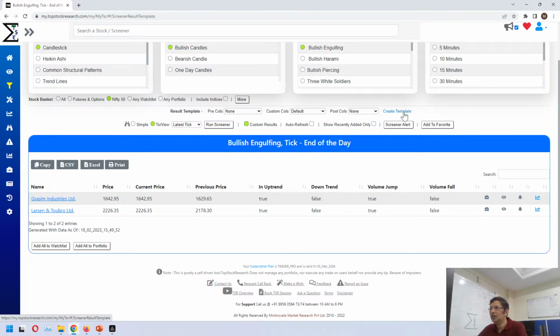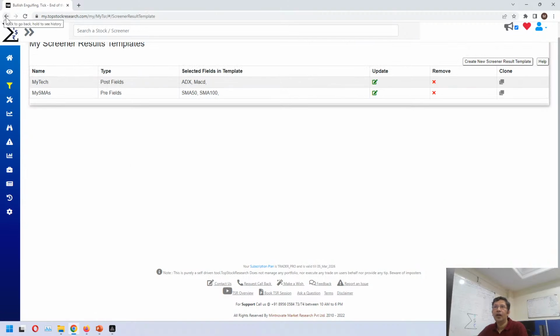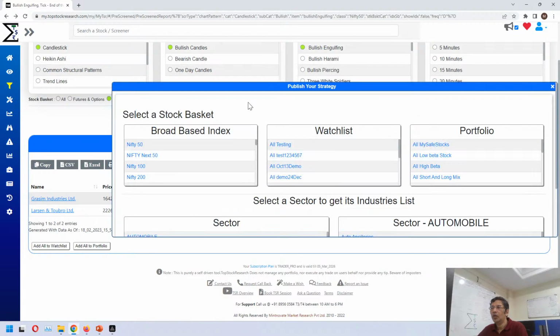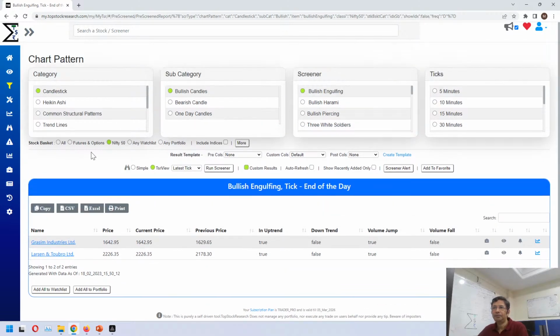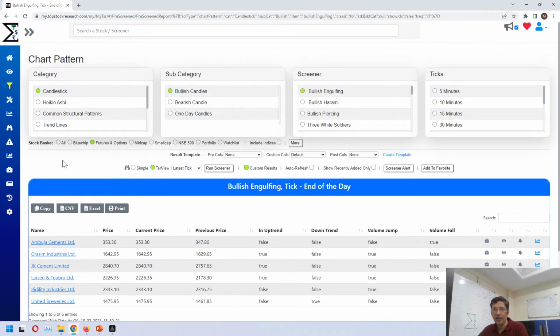What you can do is look for Nifty 100, Nifty 200, right? Similarly, Nifty 500. By default, you have a few things: blue chip stocks, the best 100 stocks available in the market. Futures and options is about 200 stocks.